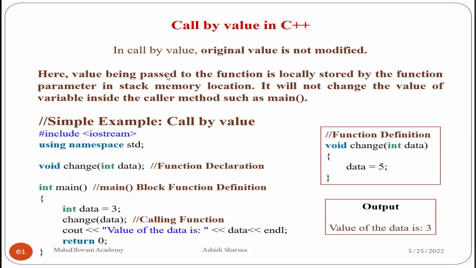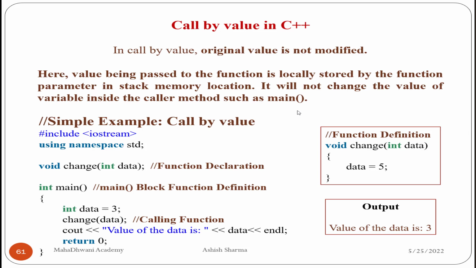Here, the value being passed to the function is locally stored by the function parameter in a stack memory location. It will not change the value of the variable inside the caller method such as main. If we are calling our function inside the main, it will not have scope till the main.